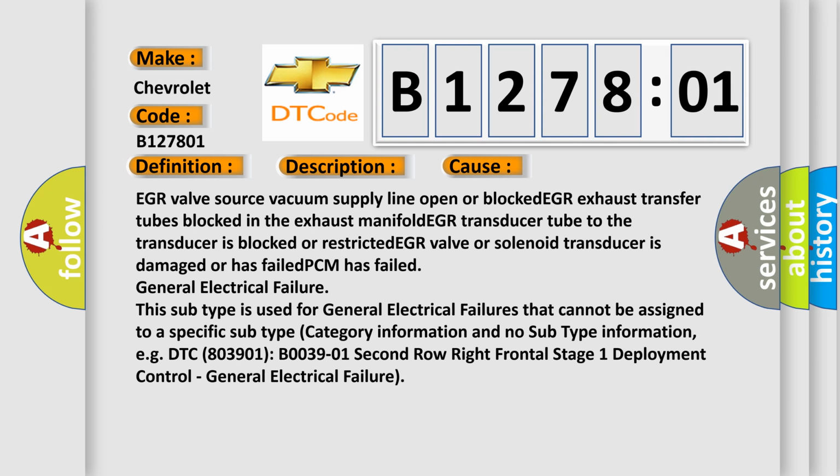This subtype is used for general electrical failures that cannot be assigned to a specific subtype category and no subtype information, e.g. DTC B0039-01 second row right frontal stage 1 deployment control, general electrical failure.